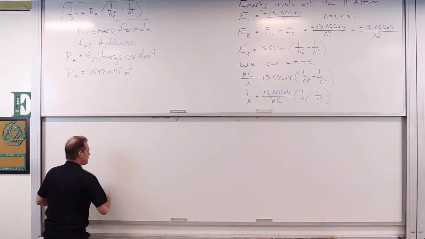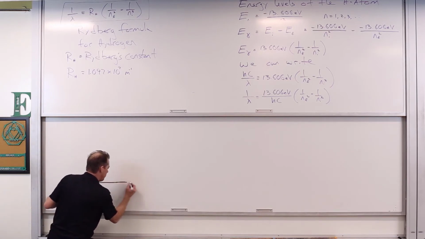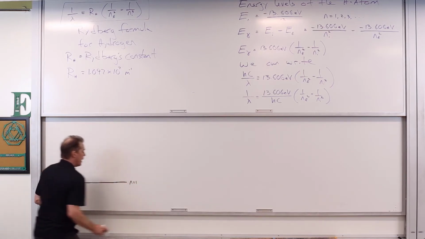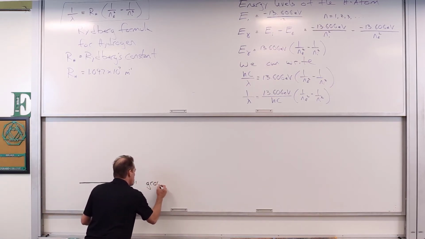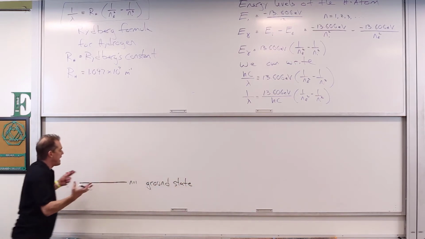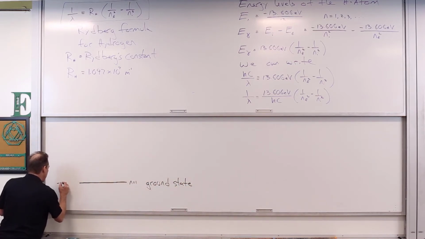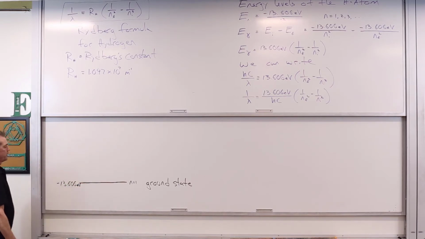They're laid out in terms of these principal quantum numbers. We've got n equals 1, known as the ground state, with ground state energy of negative 13.606 electron volts.